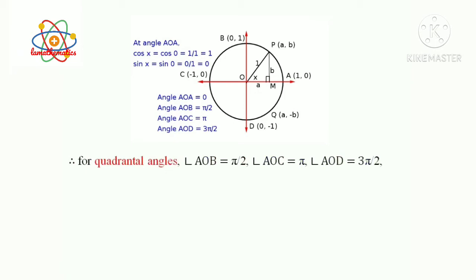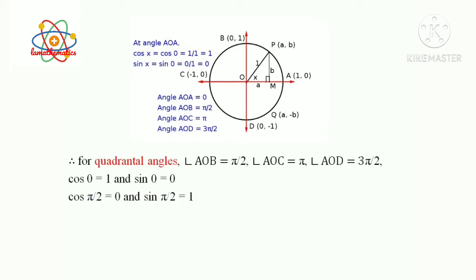Therefore, for quadrantal angles, angle AOB equal to pi by 2, angle AOC equal to pi, angle AOD equal to 3 pi by 2. Therefore, cos 0 equal to 1 and sin 0 equal to 0.